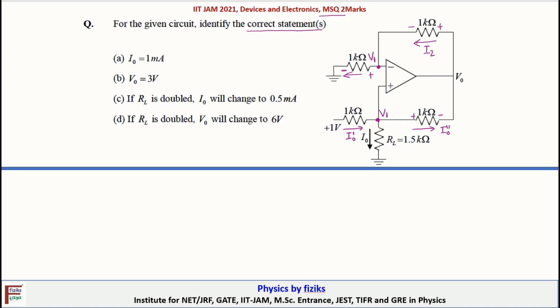This is the polarity, plus minus. Now let us first apply KCL at the inverting terminal.